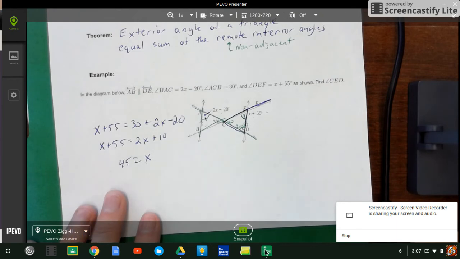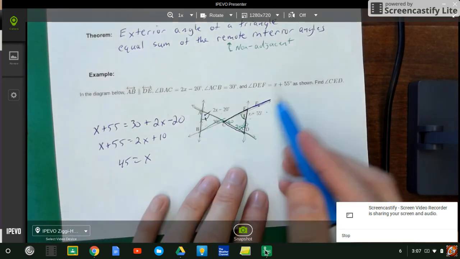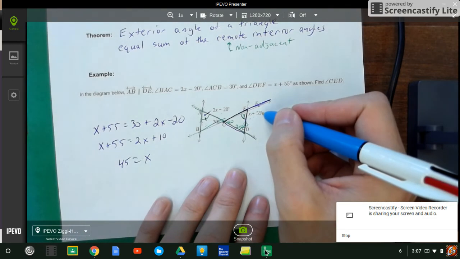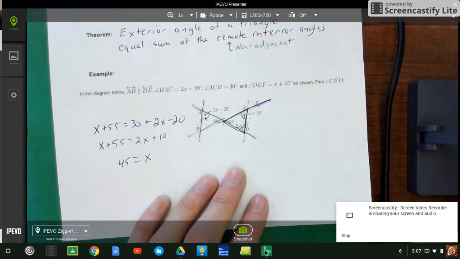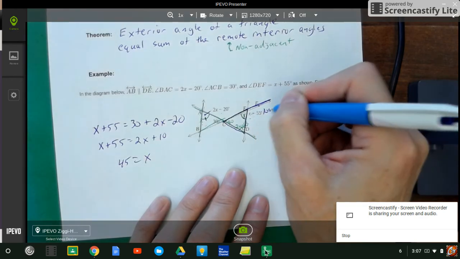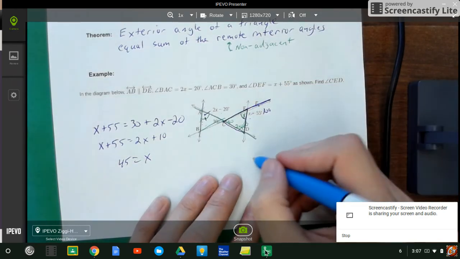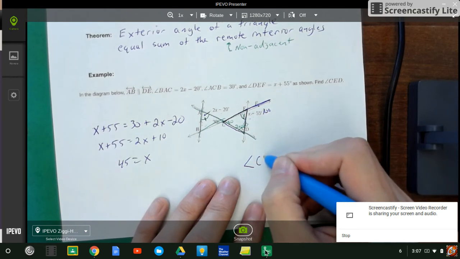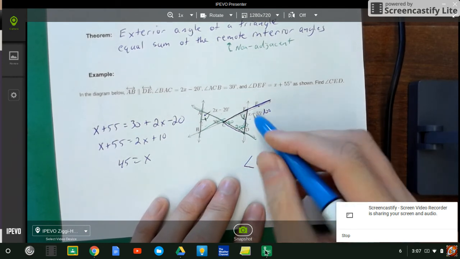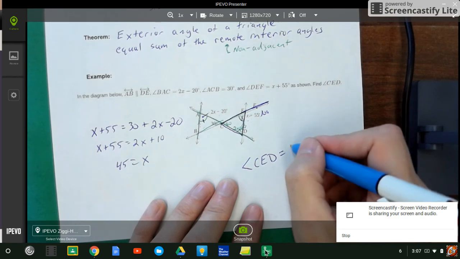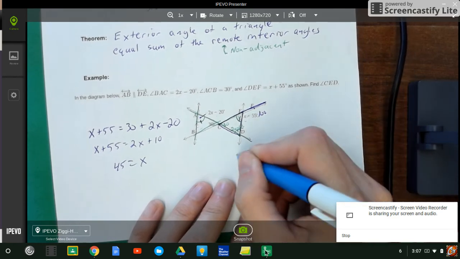Okay, so now I know that x is 45, which means that this angle, x plus 55, is 45 plus 55, which gives me 100 degrees here. So that means angle y, angle CED, well, that's supplementary to this, so it has to be 80 degrees.